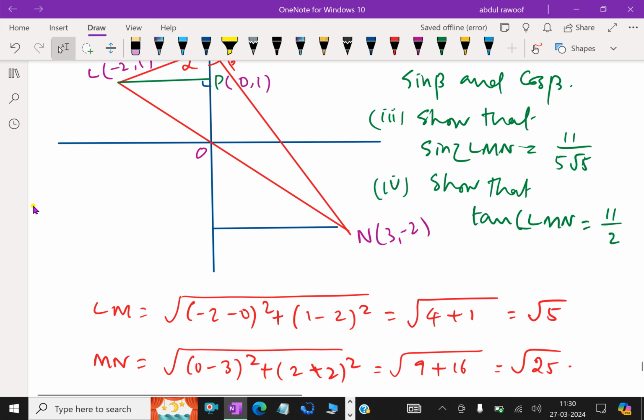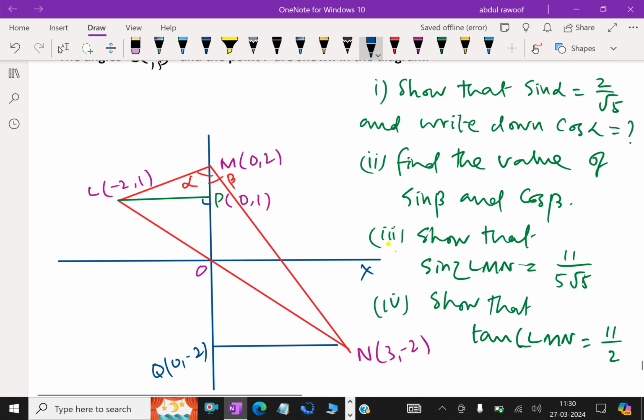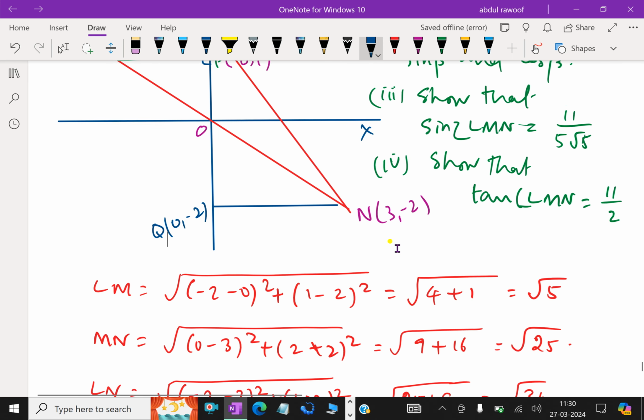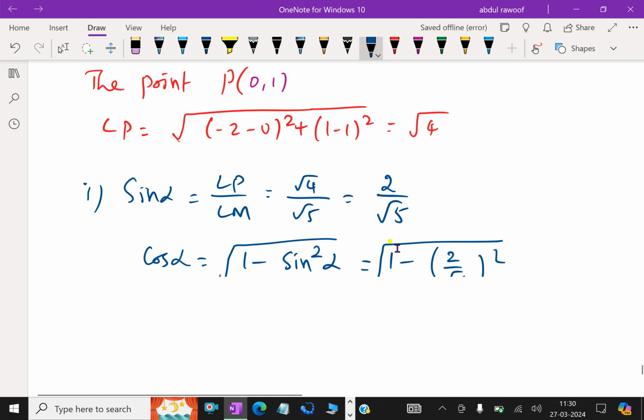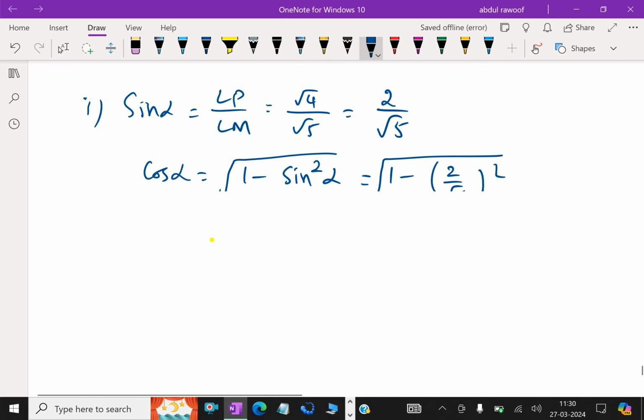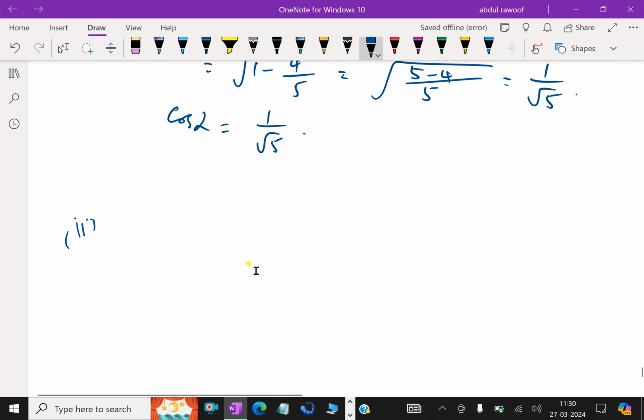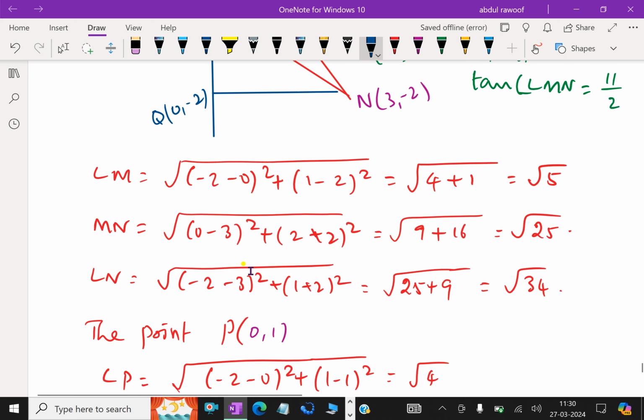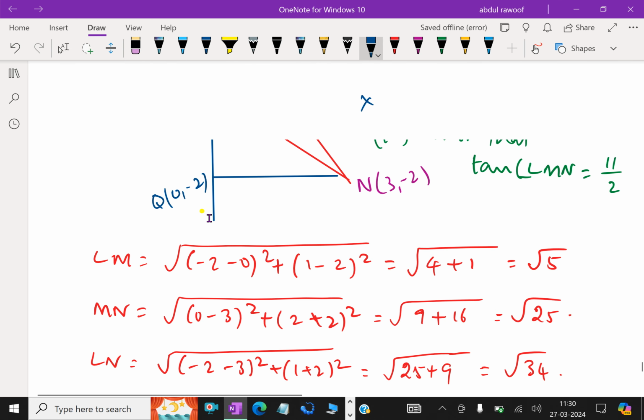There will be a point, and this point is Q. This point Q is x is 0, y is minus 2, because this is parallel to the x-axis. Now we have to find first the length NQ.